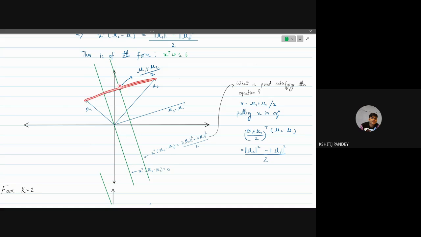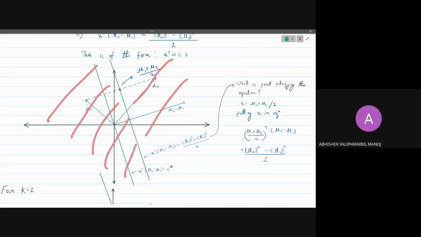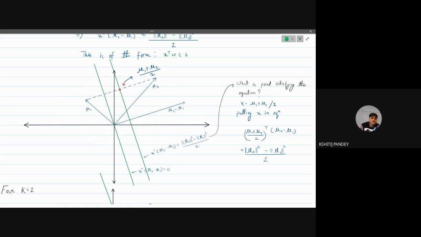After that, the perpendicular bisector is the line separating the two regions. This is the main takeaway: the perpendicular bisector of the line joining the heads of mu1 and mu2 will be the line dividing the clusters. Is this clear?